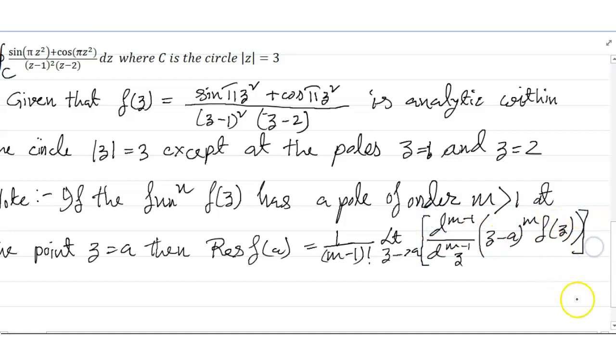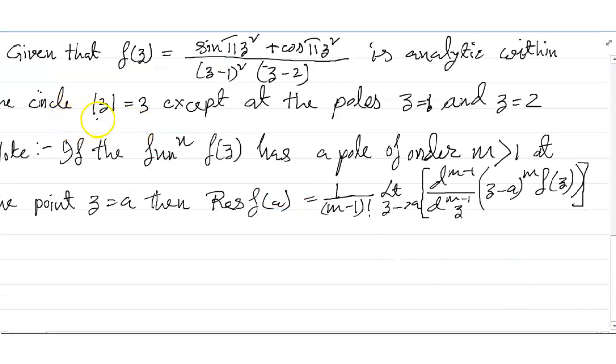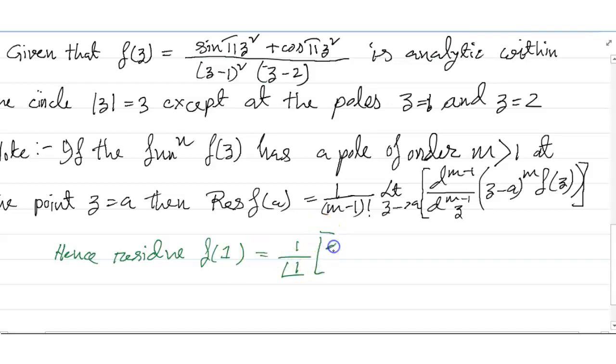So friends, I hope I made this formula clear. Now I apply this formula for this integral. Hence, I want to find out the residue of f at 1, which is 1/1! times d/dz of (z - 1)^2 f(z).